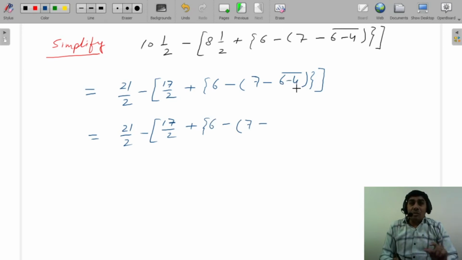That means we have to solve 6 minus 4 is 2. Small bracket closed, curly bracket closed, and capital bracket closed.